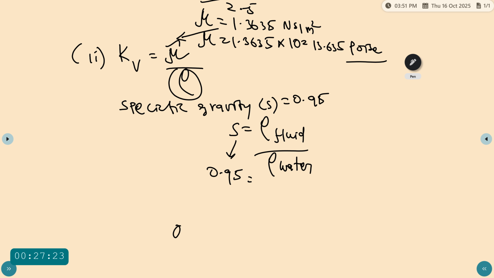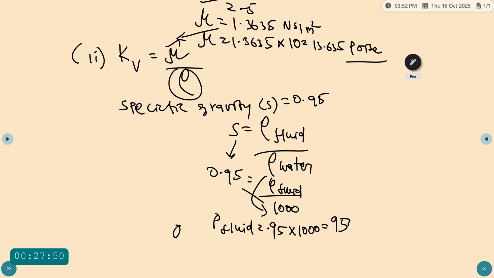The density of water is 1000 kilogram per meter cube. Cross multiplying, we get 0.95 into 1000, equal to 950 kilogram per meter cube.